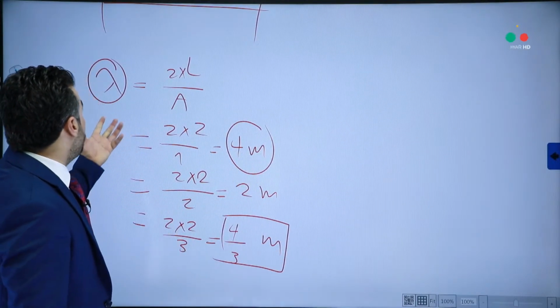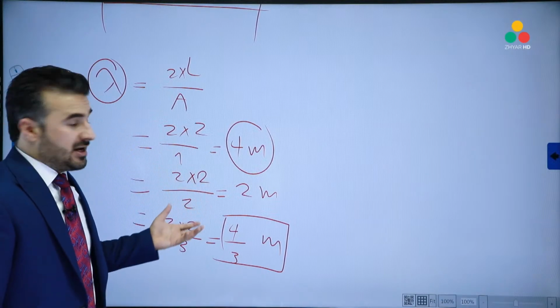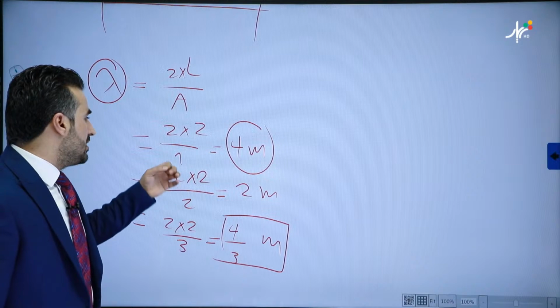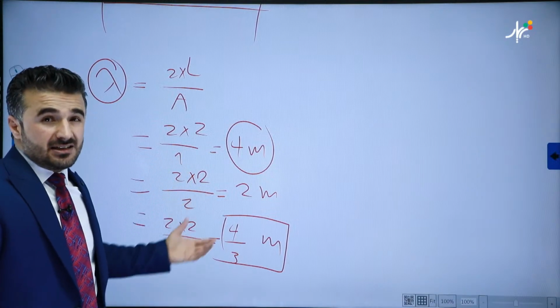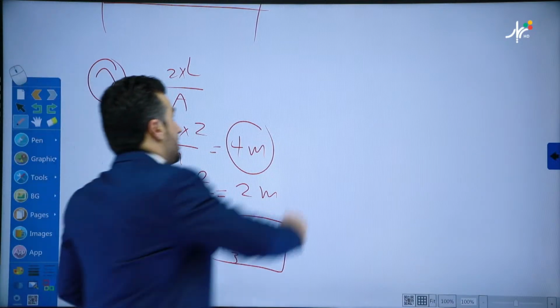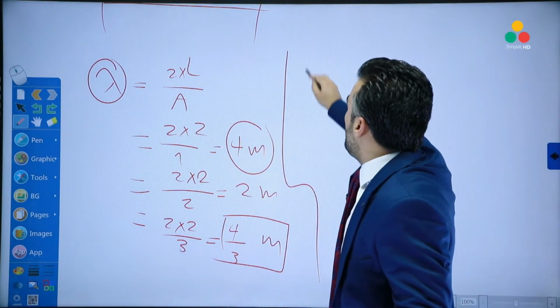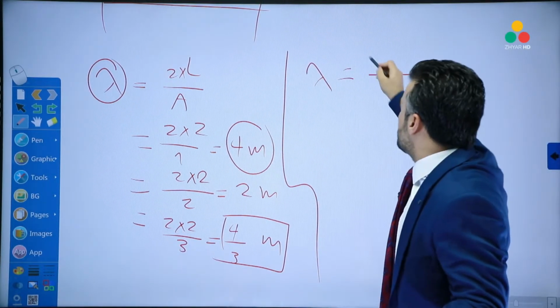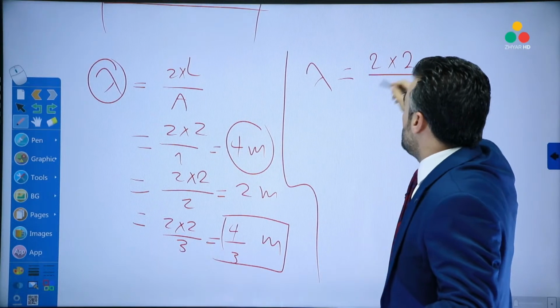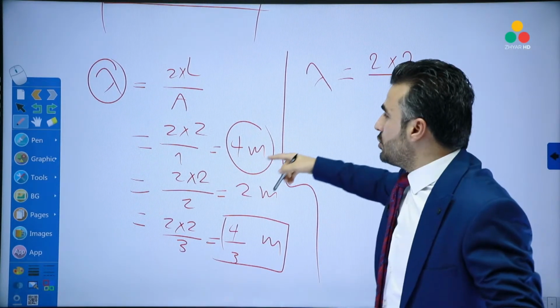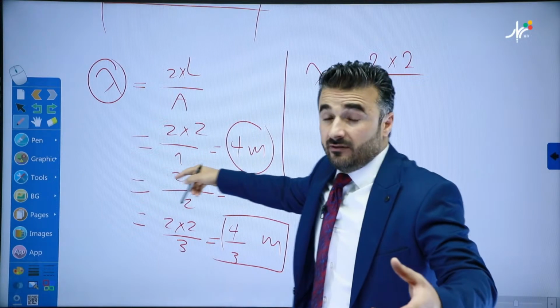What wavelength will not produce a standing wave? Of course, you can say any wavelength that does not produce a whole number of antinodes will not produce a standing wave. Remember, in order not to have a standing wave, we should not have a whole number of antinodes.